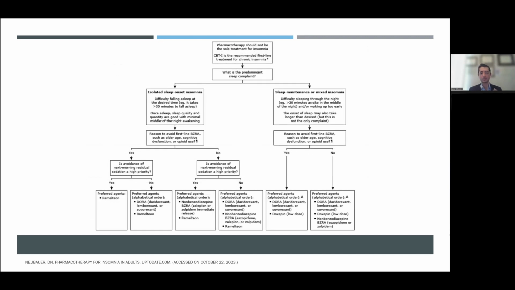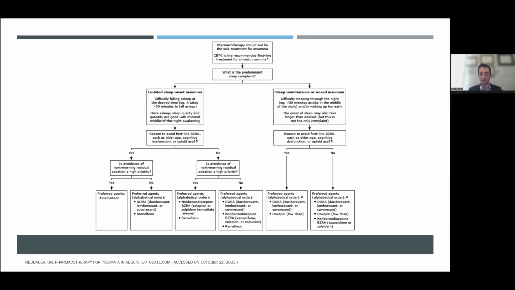The approach to treatment is kind of algorithmic, and you have to have a system in place. You have to determine what is the predominant issue of sleep, whether the patient has isolated sleep onset insomnia, sleep maintenance insomnia, or mixed insomnia.